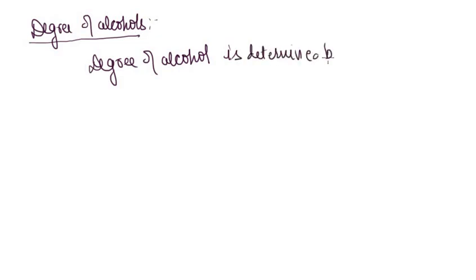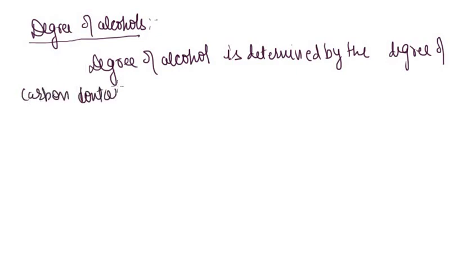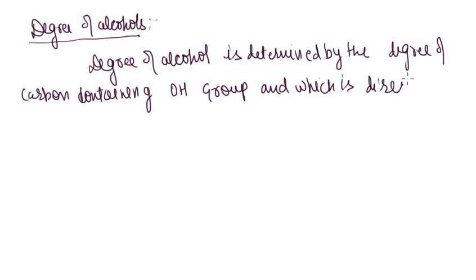The degree of alcohol is determined by the degree of the carbon containing the OH group, which is directly connected to it.